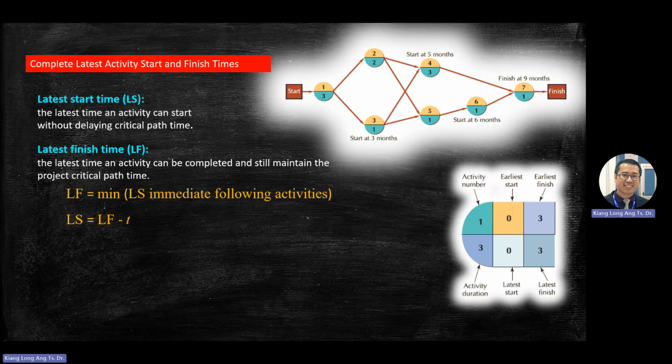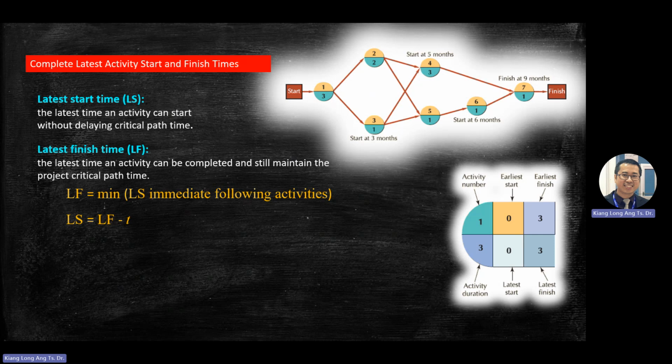We start with latest finish. Latest finish is the immediate following activity. For example, you copy, usually this one starts from the back. So the number you copy will be the same as the earliest finish if it's the last activity. Okay.